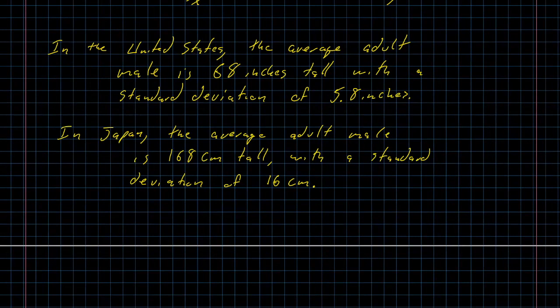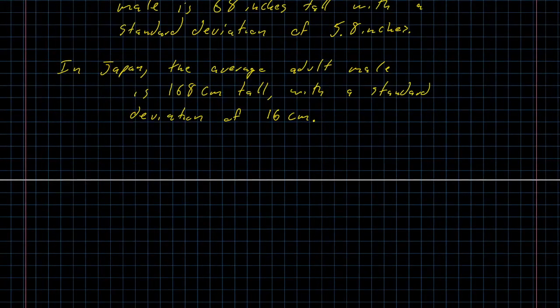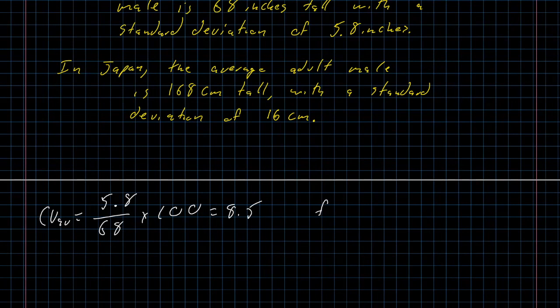So we will take our standard deviation, we will divide by our mean, and we'll multiply that by 100 to get a coefficient of variation of 8.5.